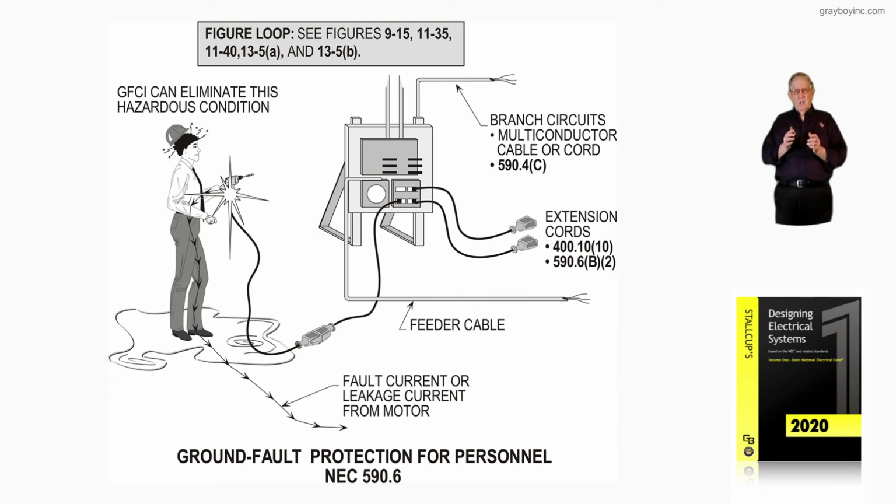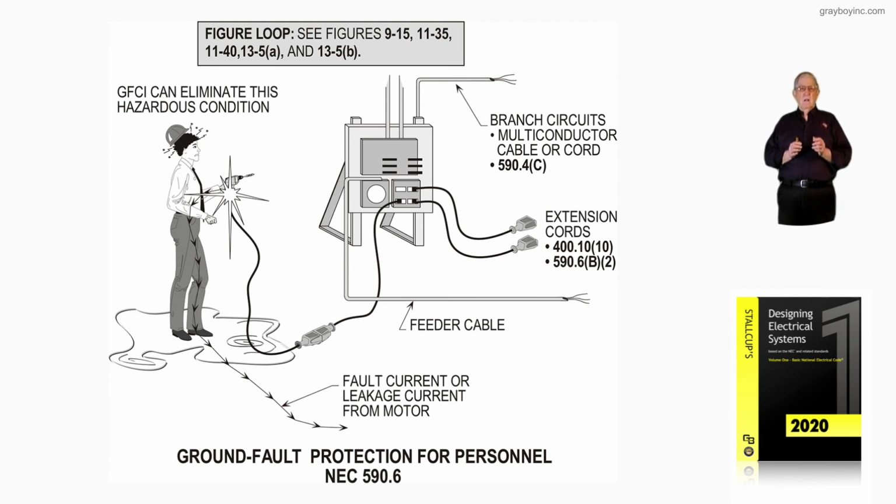Now, GFCIs, they're usually required to be checked once a month, and we know that's in NFPA 70E, and I believe it's at 110.6, right in there is where you'd find that rule of 70E, Article 110.